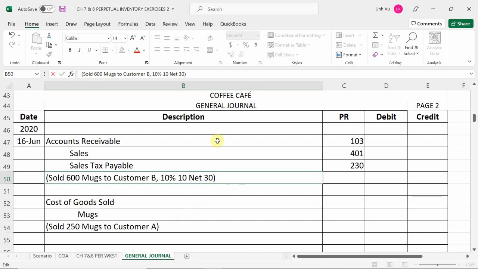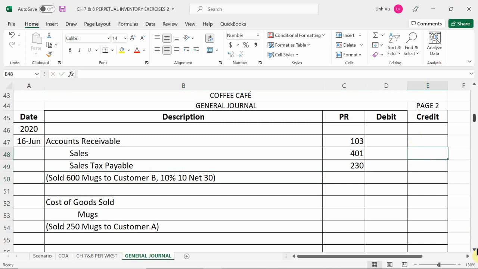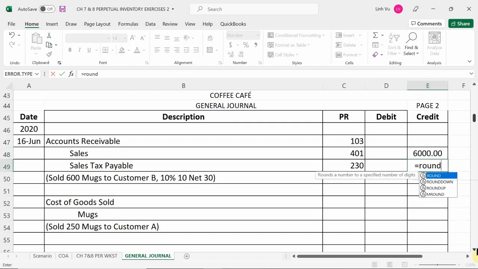So in this case, if I sold 600 mugs to customer B on an account, what's my total sales going to be? $6,000. Okay, how much tax am I going to be charging? $495.